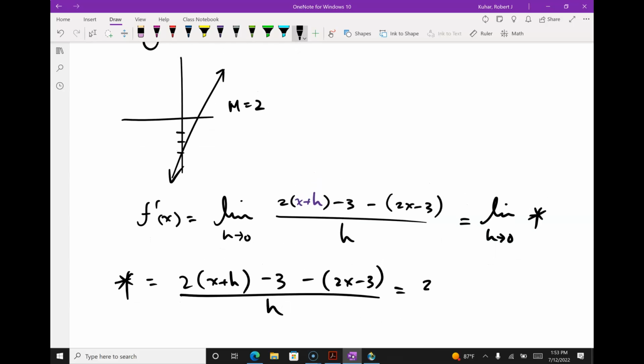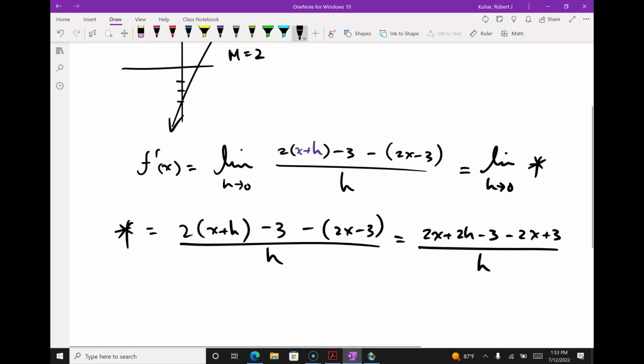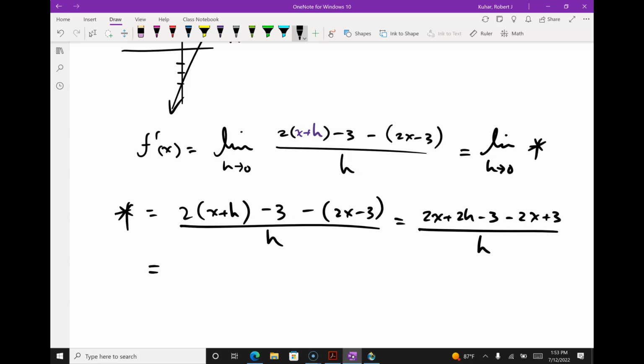So what do I get here? I get 2x plus 2h minus 3 minus 2x minus 3 plus 3, all over h. Looks like the 2x's go away, the 3's go away.